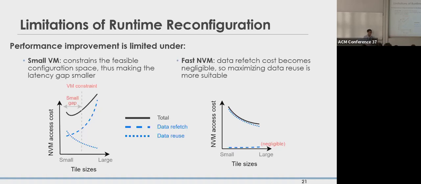But we want to emphasize that such cases are rare because modern microcontrollers usually come with a large volatile memory, and the capacity is large enough to have a large configuration search space. And the non-volatile memory is generally much slower than computation, especially when an external non-volatile memory is used.